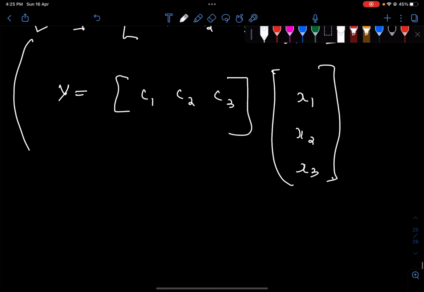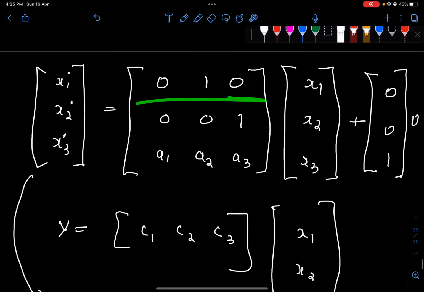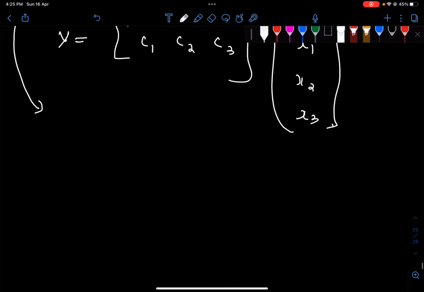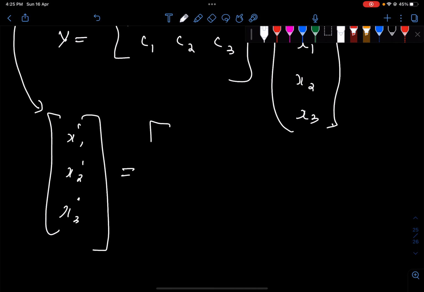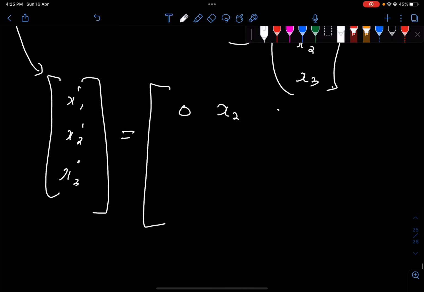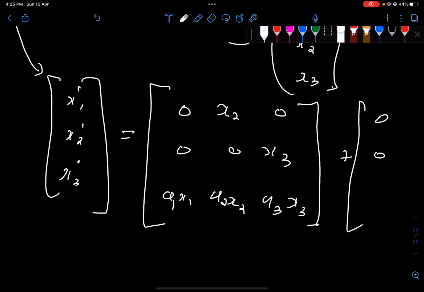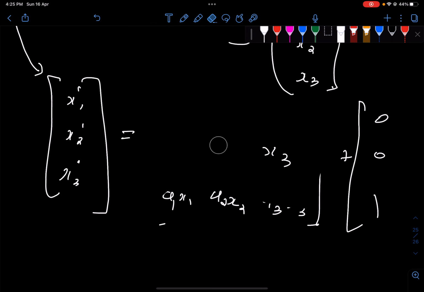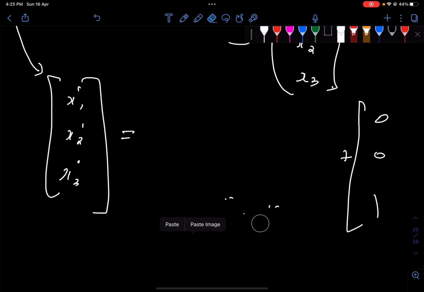From the first matrix, after multiplying these two matrices and adding this one, I can conclude x1 dot, x2 dot, x3 dot. Sorry guys, it's not like this. I multiply a 3 by 3 with a 3 by 1, right?